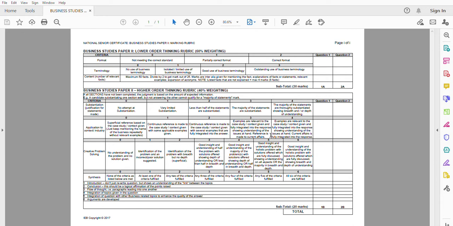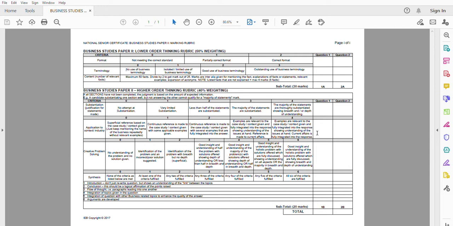And then finally, 4: how do you get the maximum number of marks for the section? Examples are relevant to the case study. Context is given, all right? So you're not only providing examples, you're also showing a clear understanding of what the question is asking and the situation that the client finds themselves in. And it's fully integrated into the response, showing understanding of the issues at hand. Current affairs is fully integrated into the response.